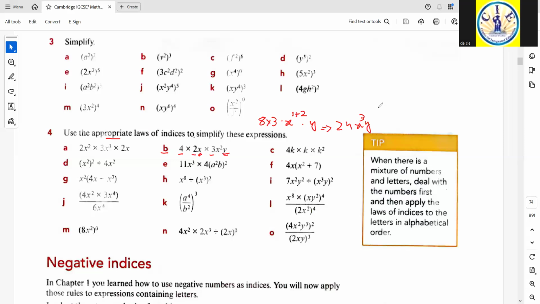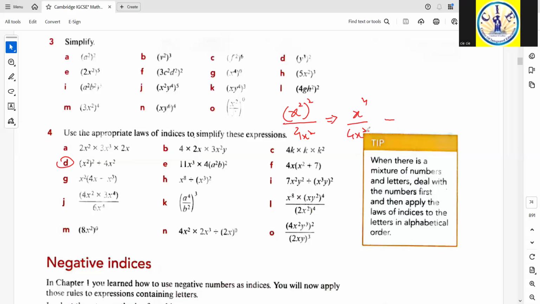Okay, then it's part D. X raised to power 2 whole raised to power 2 divided by 4x squared. Now it can be simplified to give us x raised to the power 4 divided by 4x squared.